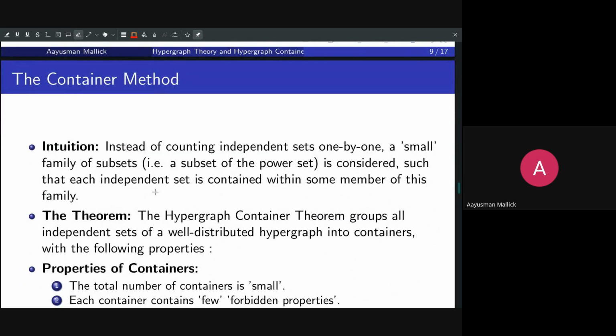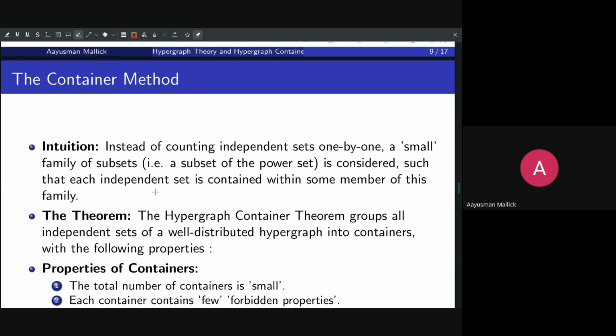Our intuition here is that we construct a small family of subsets, a subset of the power set, of course. Here, the terms small or few or forbidden properties will be made rigorous later on. The small family of subsets would contain elements such that any independent set we consider is a subset of some member of this family.